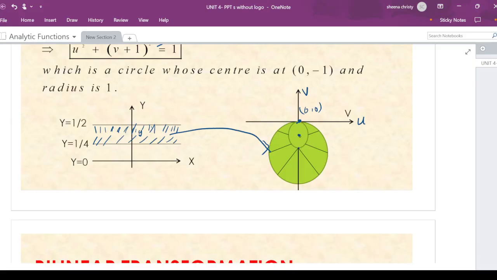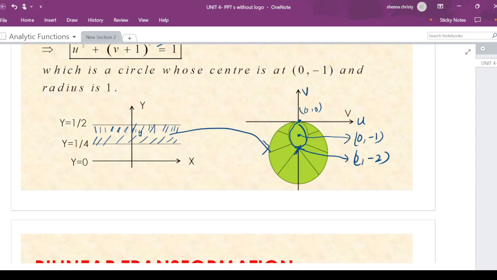If this point we have taken as (0, minus 1), it is a circle with center (0, minus 1) and radius 1. Next, this point you can take as (0, minus 2). Therefore, it is a circle with center (0, minus 2) and radius 2.